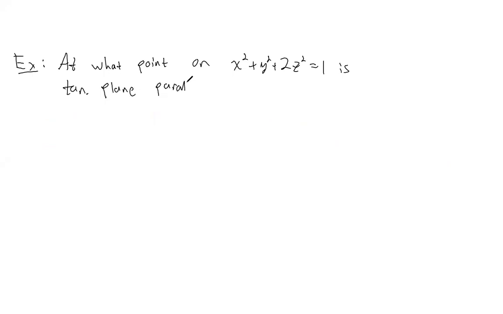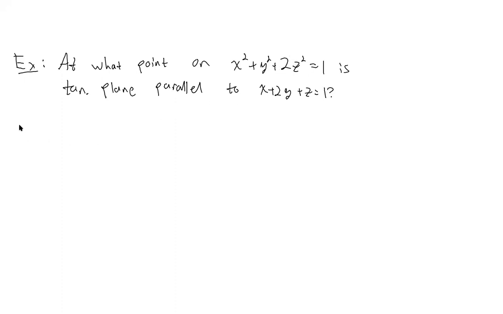So here's the question: at what point on the surface x squared plus y squared plus 2z squared equals 1 is the tangent plane parallel to the plane x plus 2y plus z equals 1.